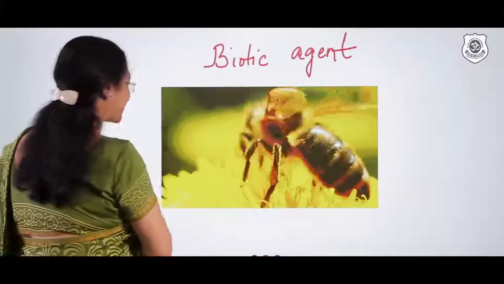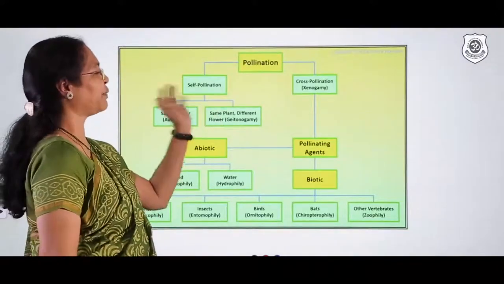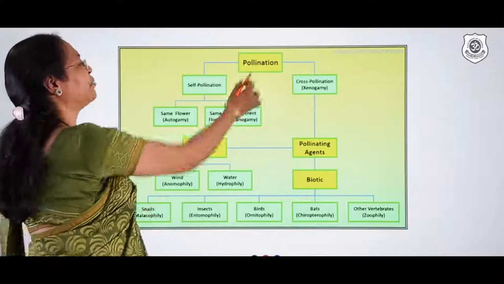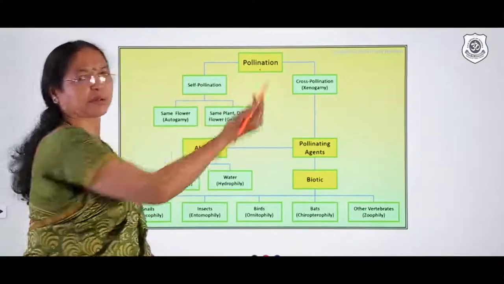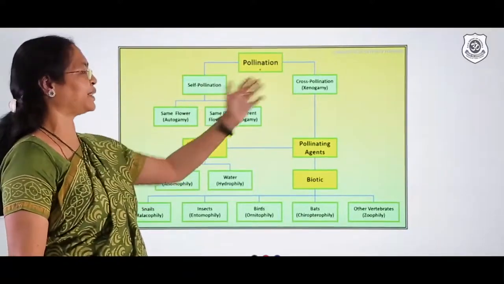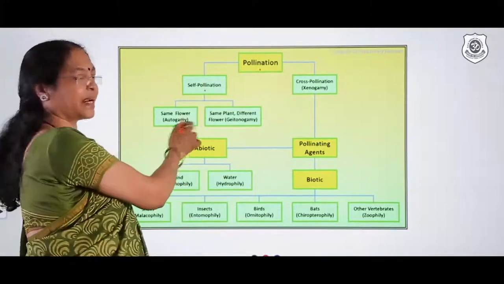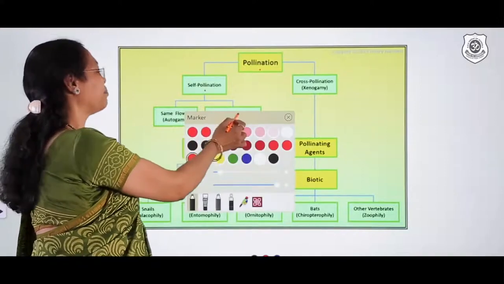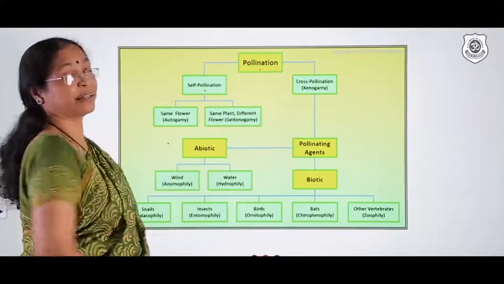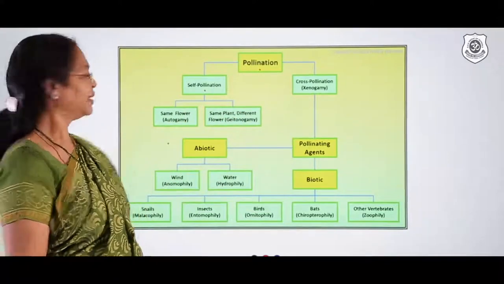So now let me classify what are the various agents causing pollination. Pollination can be either self or cross. It can be self-pollination, it can be cross-pollination. If it is self, it can be within the same flower or on another flower of the same plant.